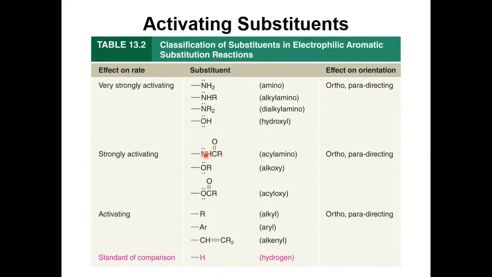So this electron donating power will be shared between the aromatic ring and the carbonyl group. So this one is a bit weaker. Okay, same argument. This one is also a bit weaker because this oxygen is very powerful electron donating, but it will be shared between the carbonyl, which is electron withdrawing, and the aromatic ring. Okay.